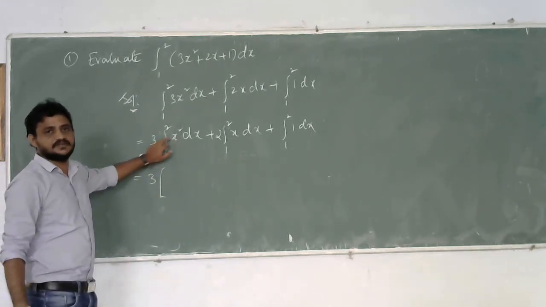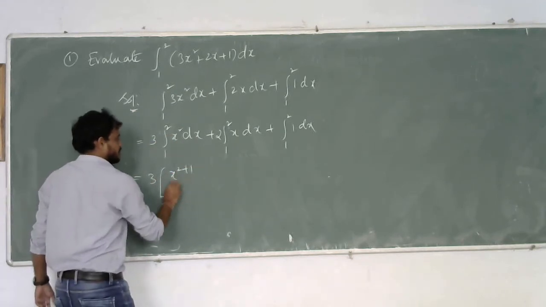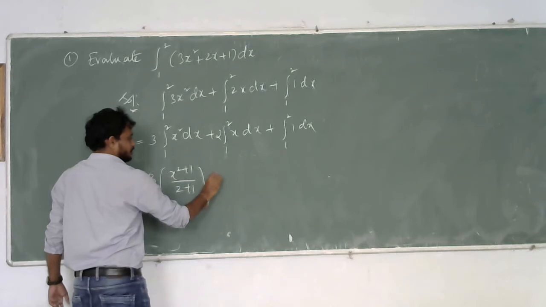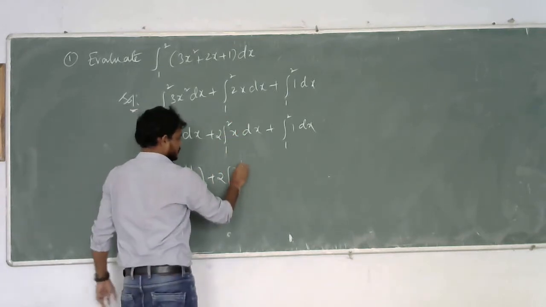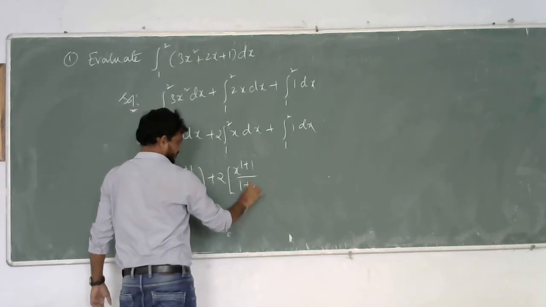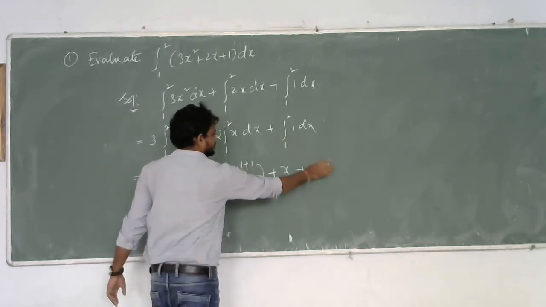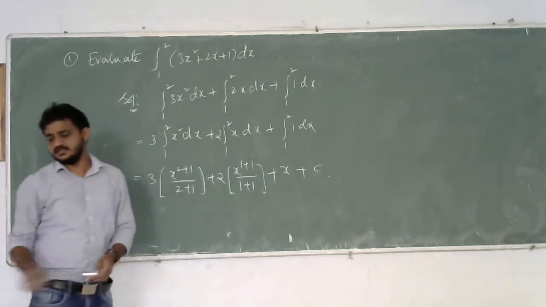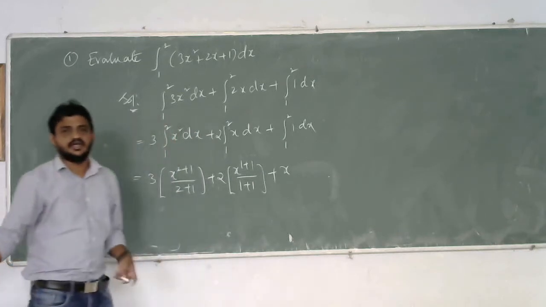Here 3 into integration of x square. Which formula? The integration of x to the power of n formula. That is x to the power of 2 plus 1 by 2 plus 1, plus 2 into again the x to the power of n formula, so x to the power of n plus 1 by n plus 1, plus integration of 1 dx is x plus constant. No need to write this constant because you will get exact values here.